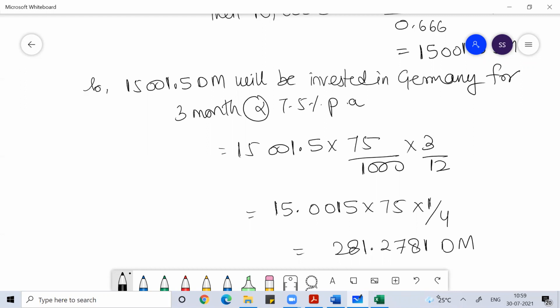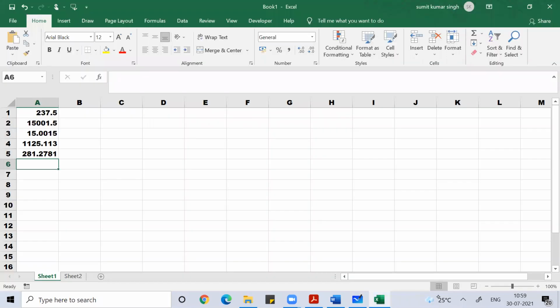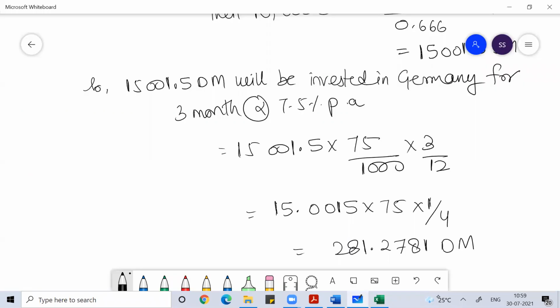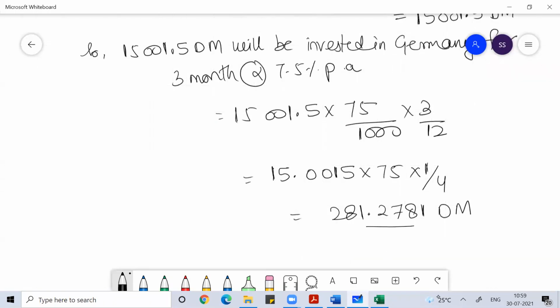You will get this much Deutschmark. So the amount you will receive, this is your interest and this is your principal. So this much Deutsche Mark you will get as interest.